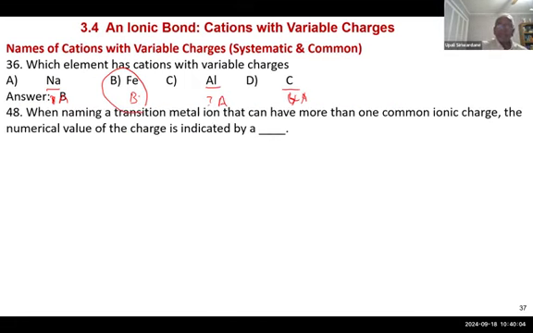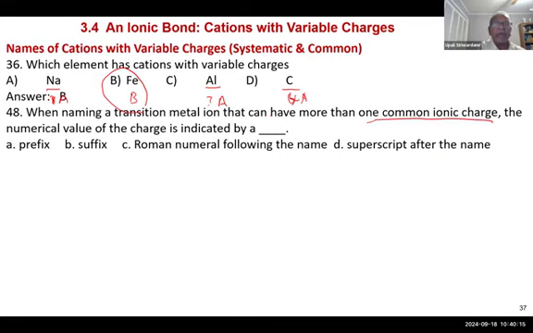When naming transition metal ion that can have more than one common ionic charge, what is the blank? That's the correct answer. That's what we've been talking about.